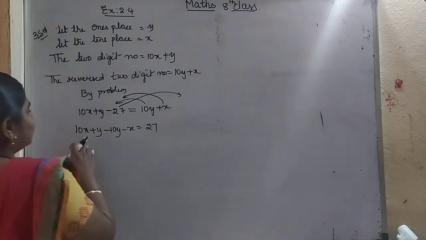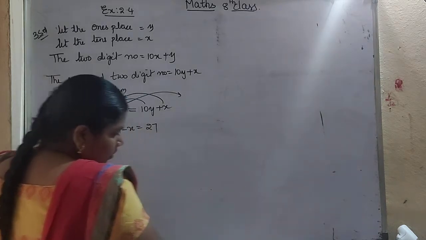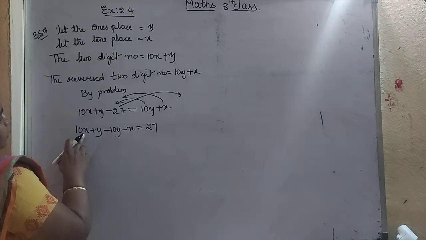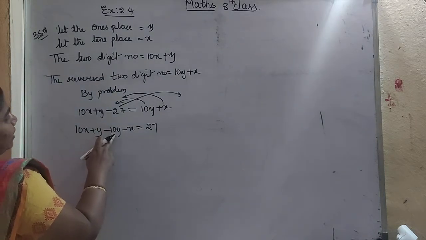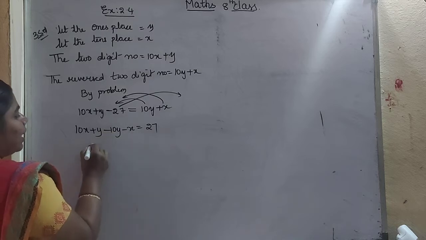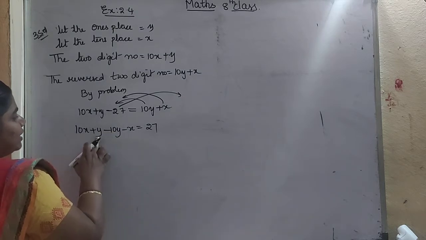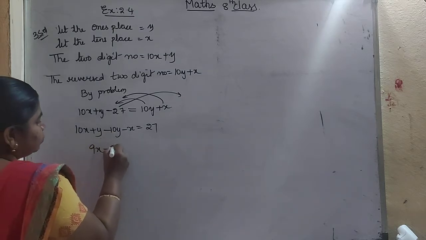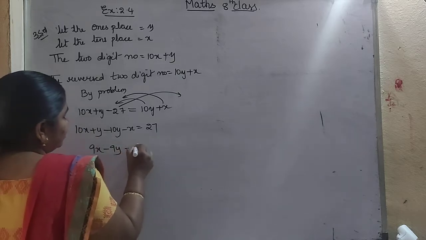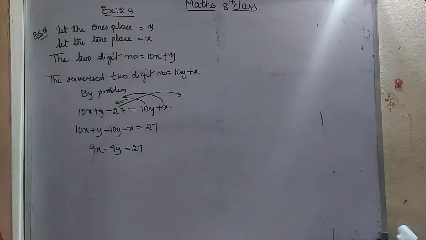Okay. So what is that now? Now it will be what? 10x minus x will be 9x, and y minus 10y will be minus 9y, is equal to 27. Okay.